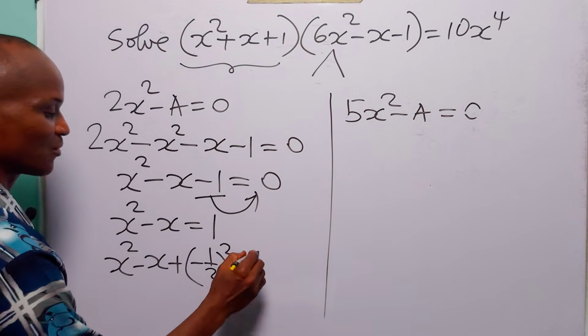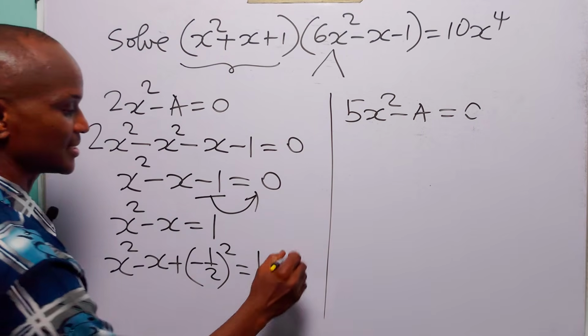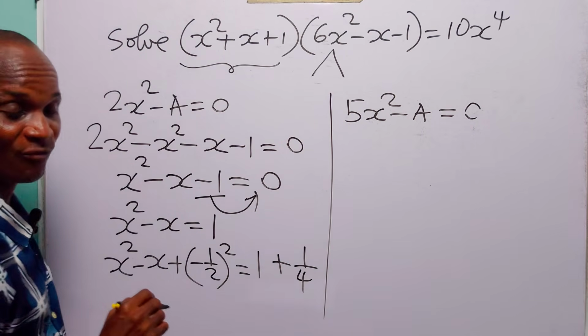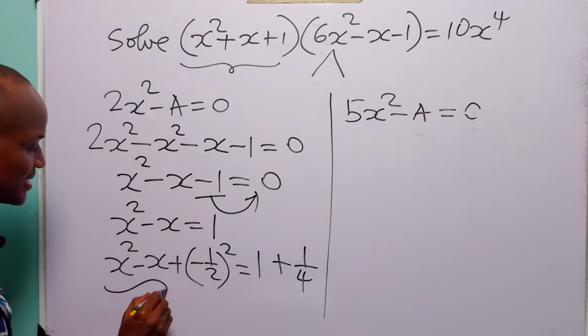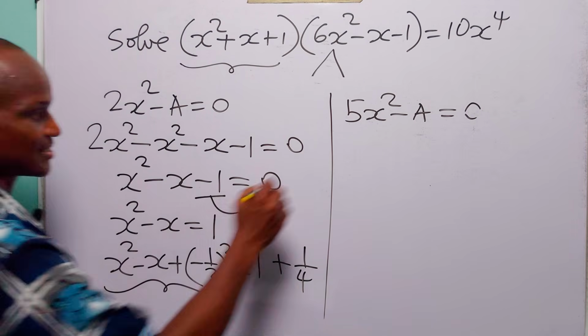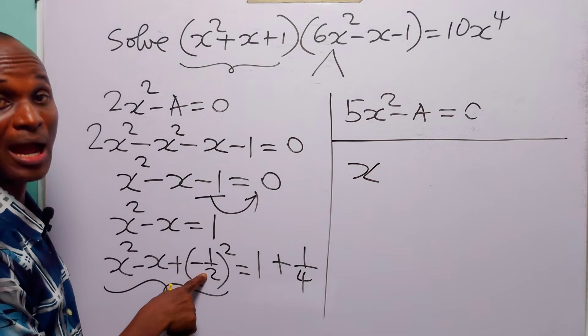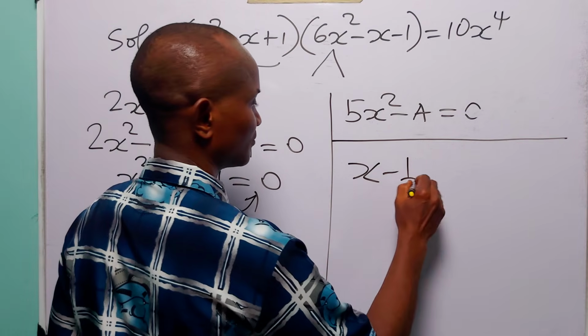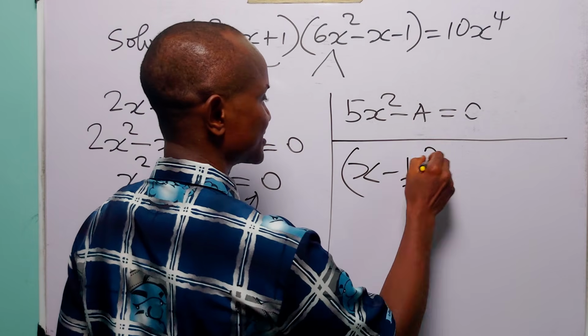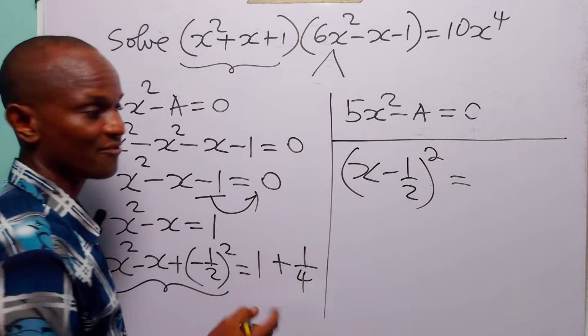This is going to be equal to 1 plus minus half squared, which is 1 over 4. Now, this is a perfect square. So we take 1x and we take 1 minus half, and we square. And this is equal to 4 times 1 is 4 plus 1, 5, over 4.